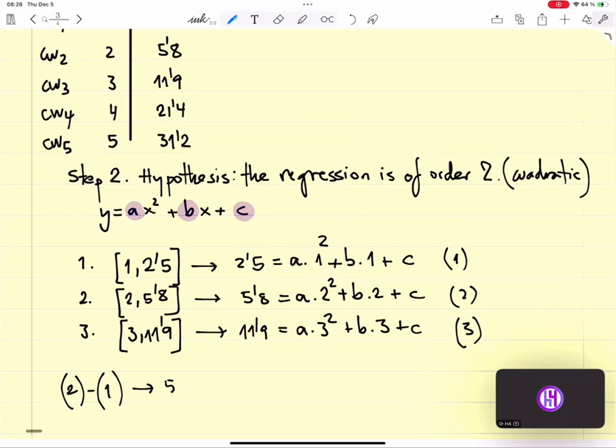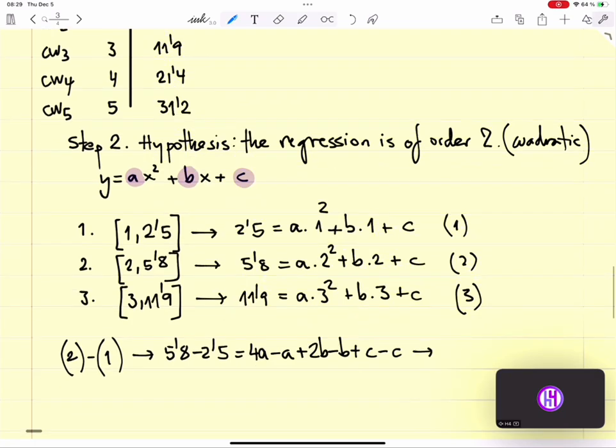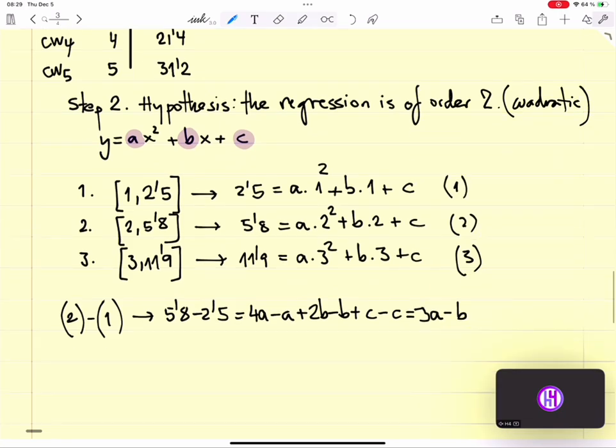So this is 5.8 minus 2.5 equals 4a minus a plus 2b minus b plus c minus c. So 3.3 equals 3a plus b.